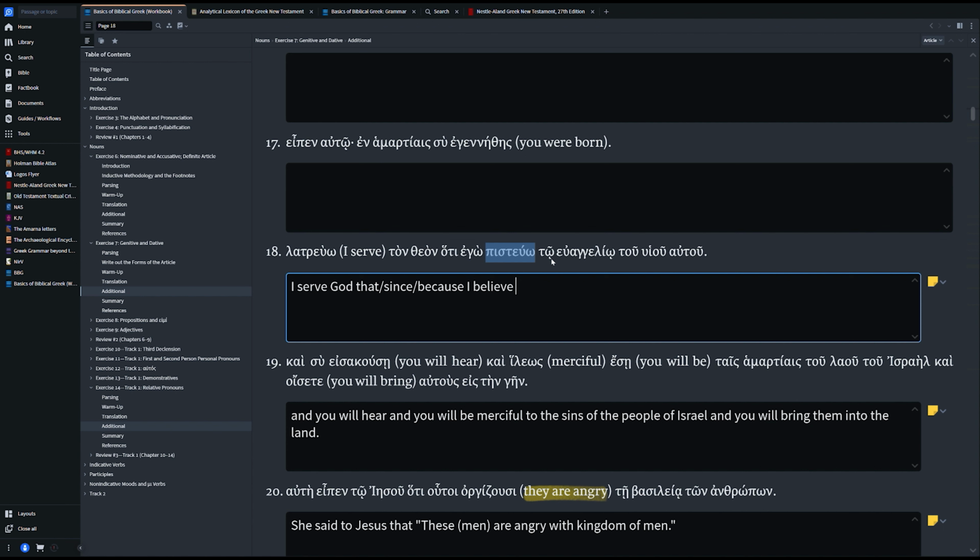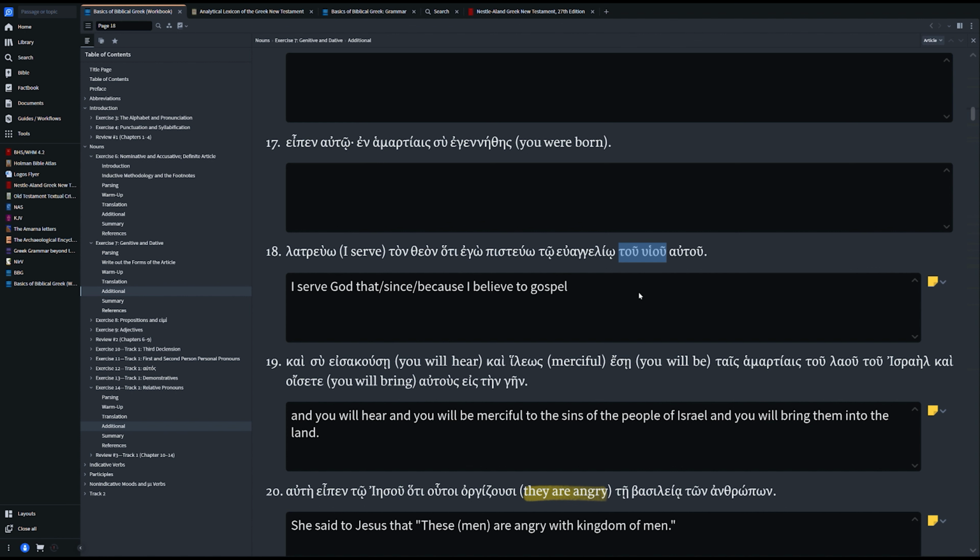It's singular, and dative normally means to. Now, we just learned in that last example that the dative isn't always to. And here it's going to be true again, because we don't believe to the gospel, we believe in the gospel. So we're going to come back and fix that in a little bit. We're going to look at the rest of the sentence to make sure it makes sense.